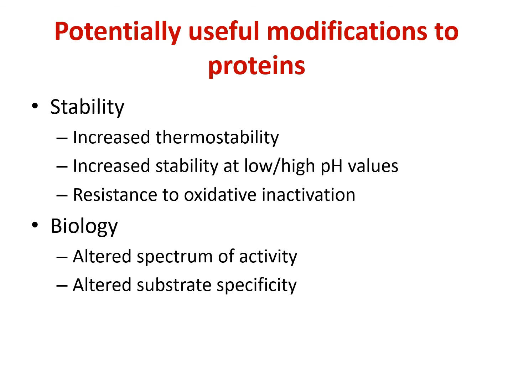It can also increase stability at low or high pH values, or make the protein resistant to oxidative inactivation. You can also mutate the protein so it has a very broad spectrum of activity and altered substrate specificity.